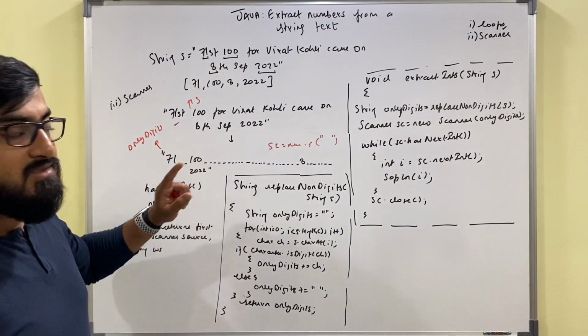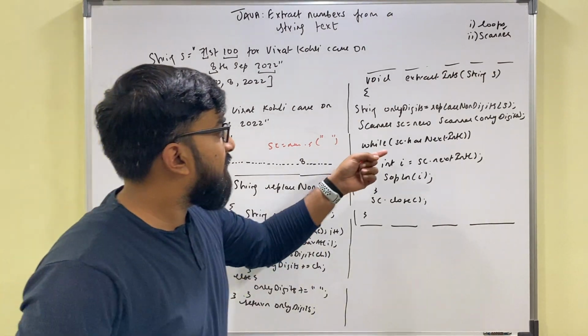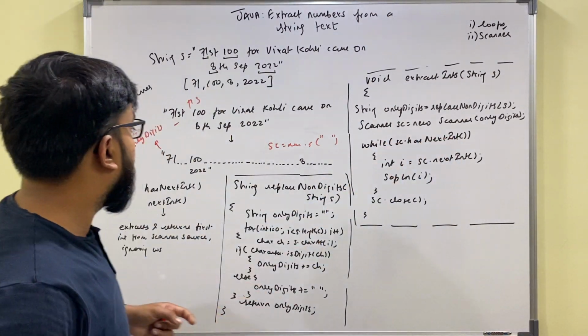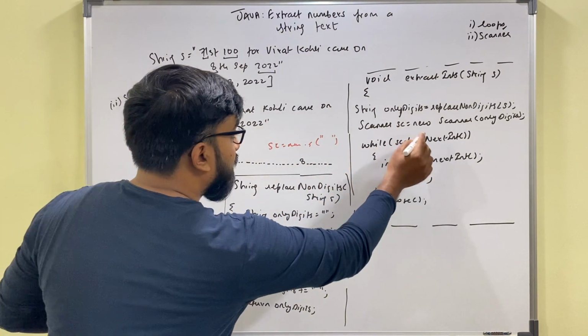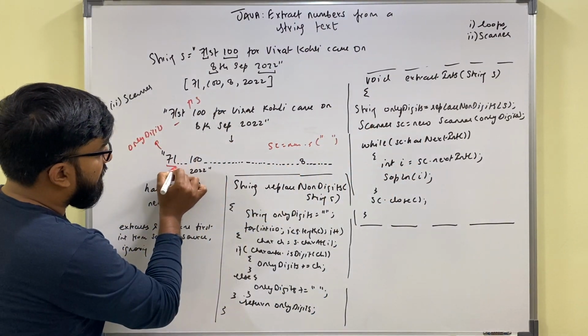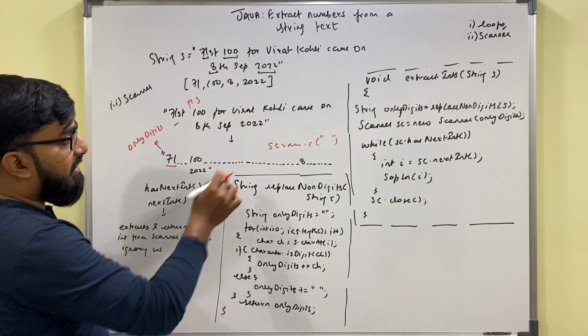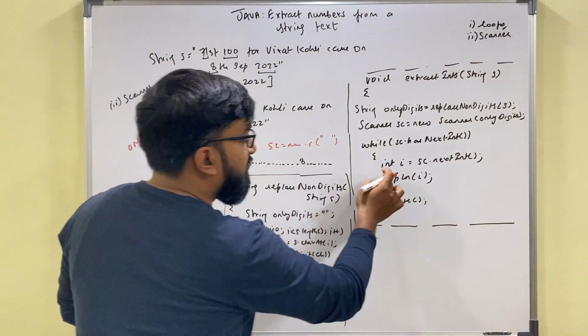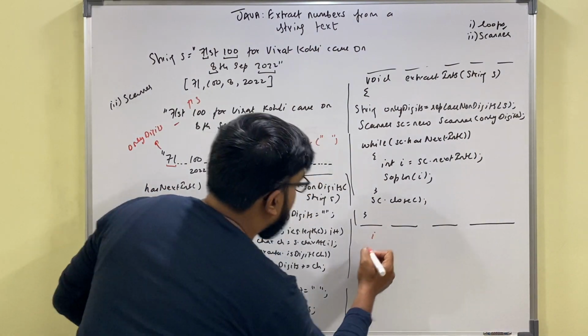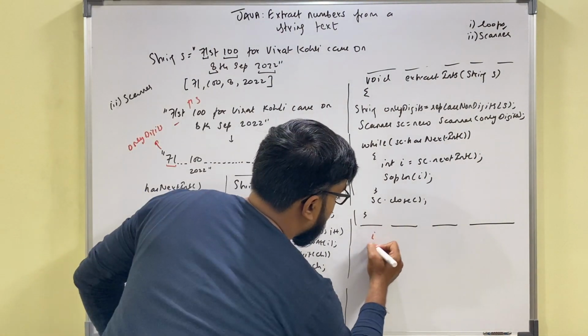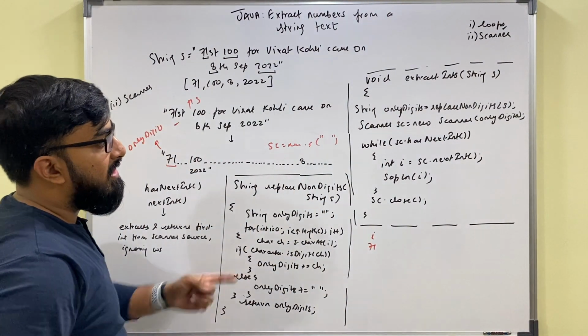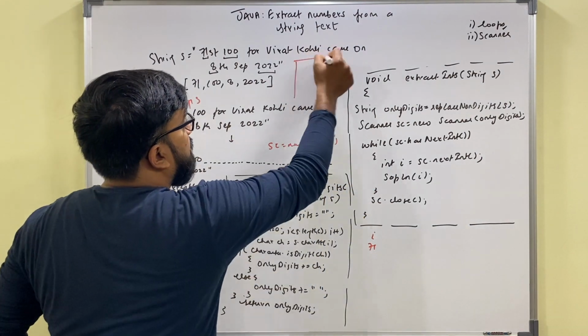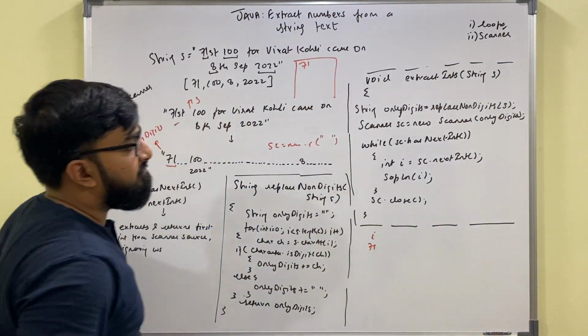I say while sc.hasNextInt; it is going to return true because there is an integer present. When the scanner starts scanning, it sees there is an integer present, true. You say i is sc.nextInt, which is 71, and you print 71, so your output is 71.